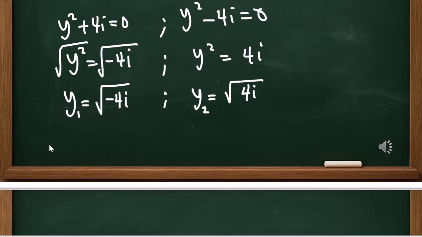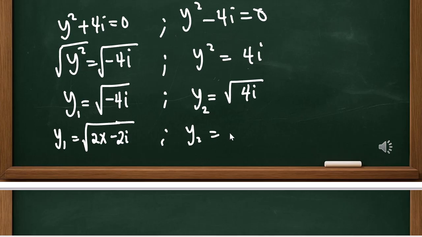Now let's break it down. My y1 here is going to be 2 times negative 2i, which still gives negative 4i. And my second one is going to be 2 times 2i.